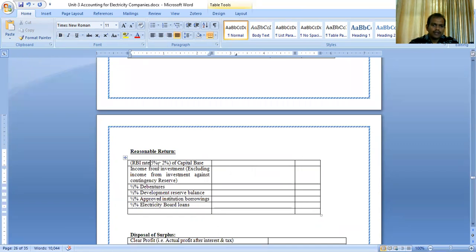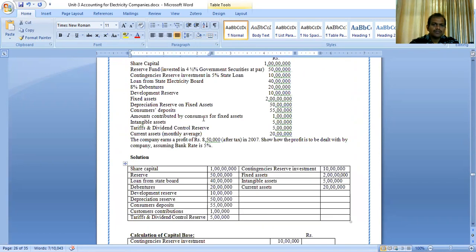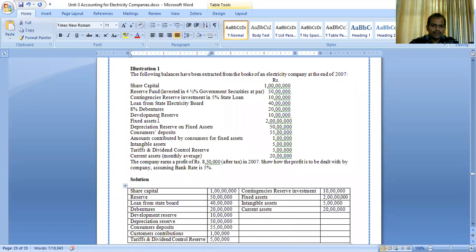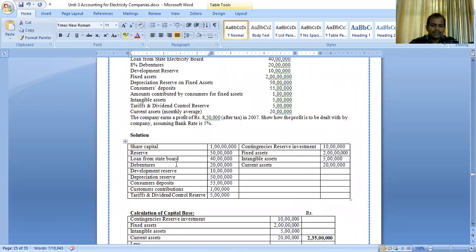So RBI rate plus 2% of capital base, and income from investments excluding income from investment against contingency reserves. These reserves, whatever they provided, they are investing to get income.